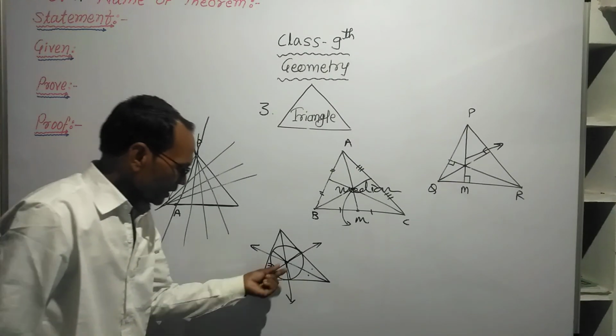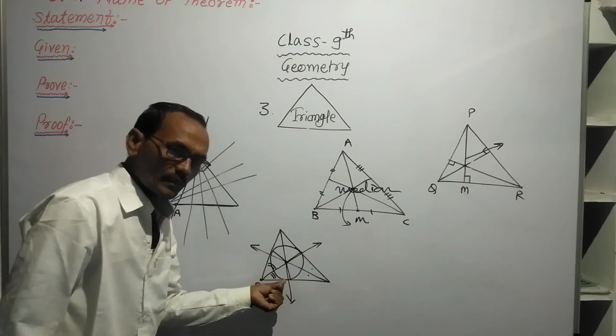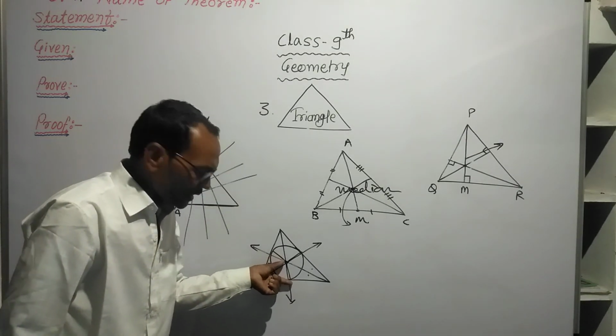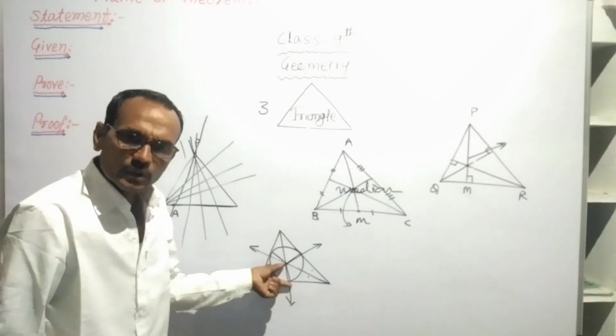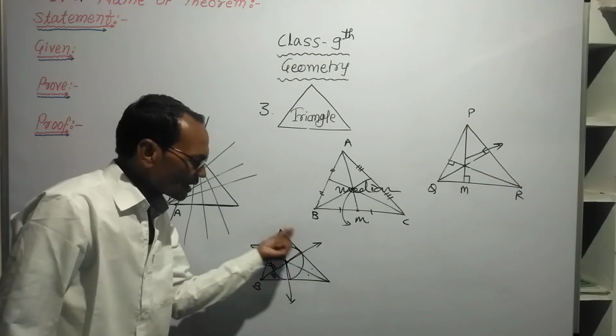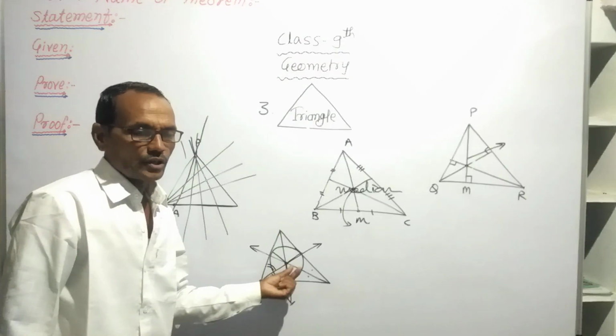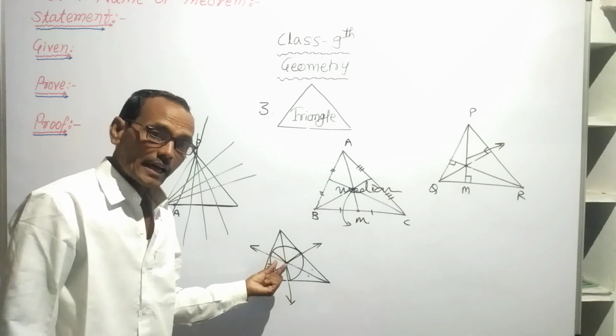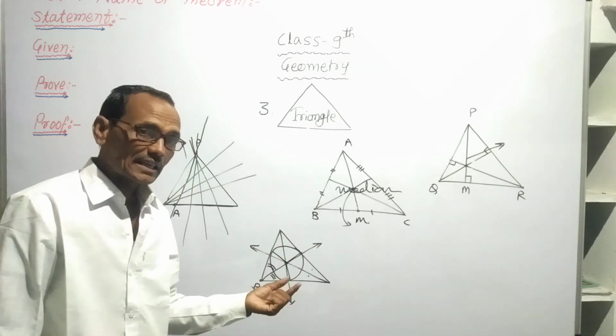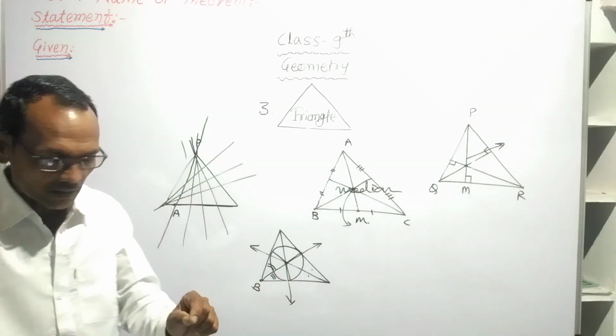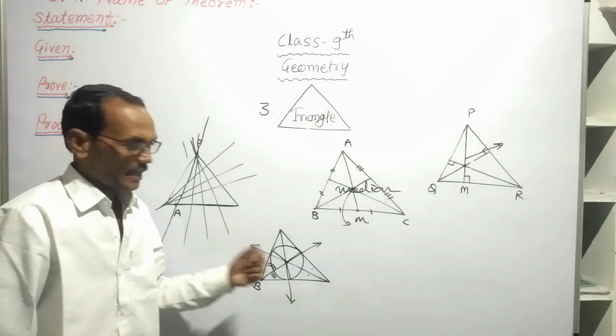Because if we draw a circle, taking as radius the distance from that point to the side, we get a circle which touches all the sides. So this is known as the incircle, and the center of that circle is the incenter, the concurrent point of angle bisectors.